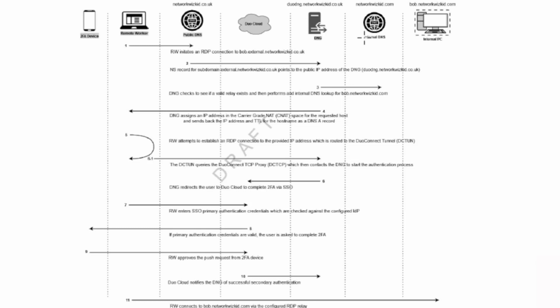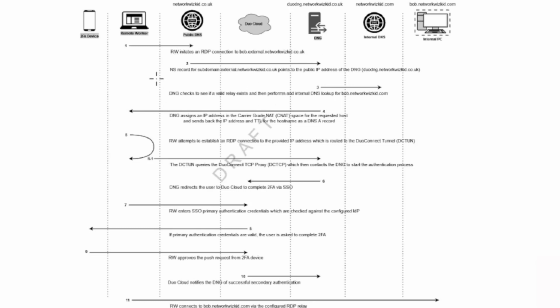And then on our internal DNS, we have that also configured to point to our DNG as well. And then lastly, on the right hand side, we have bob.networkwizkid.com, and this is just an internal PC, and we could pretty much say that this is going to be the RDP client that we connect to here.